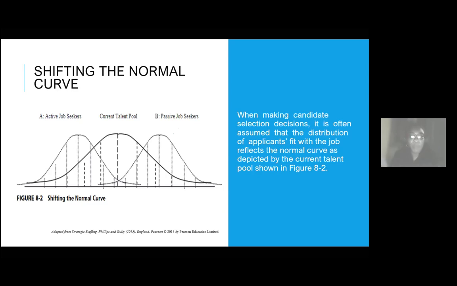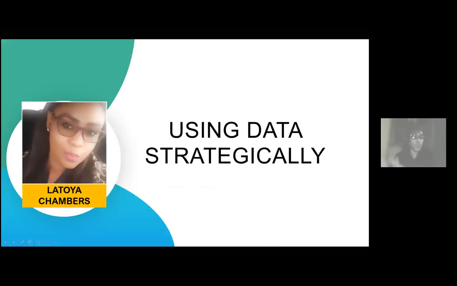Because they're already employed, they may be looking for a more competitive offer. So the bell curve in the middle is what we strive to have to analyze. I now hand over to Latoya, who will explain to you how to use data strategically.